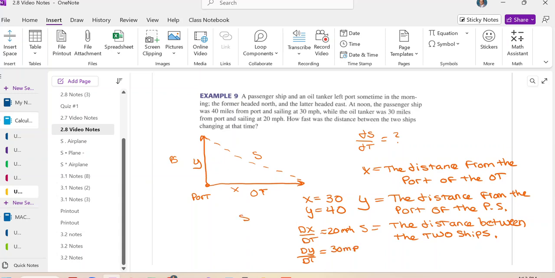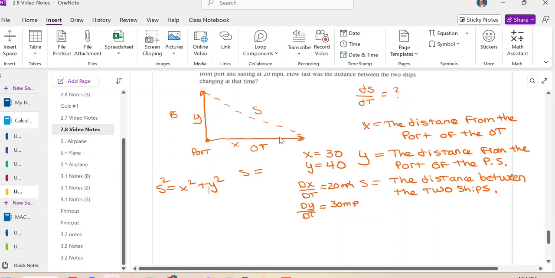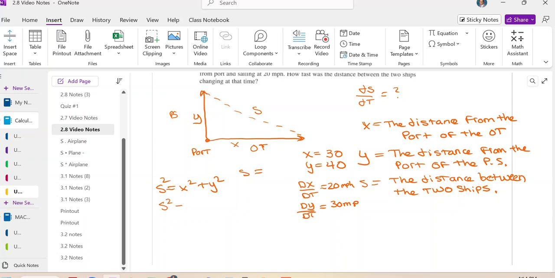We can find s, because we know s squared is equal to x squared plus y squared. So s squared is 30 squared plus 40 squared, which gives us that s is equal to 50, because it's a 3, 4, 5.